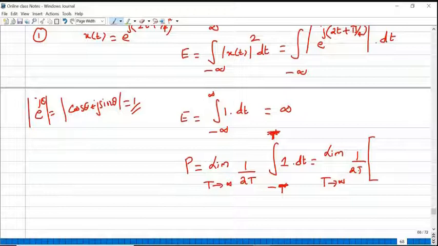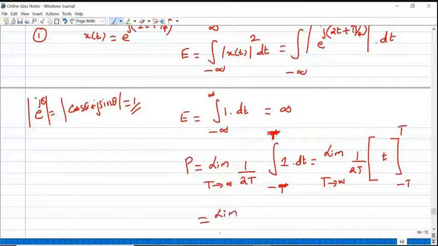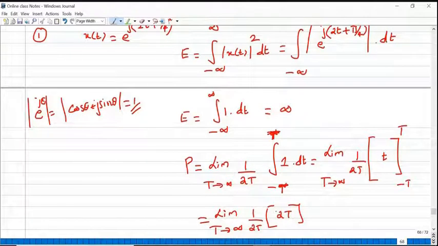Simplify this and check whether the T term cancels. You will get t from minus T to T, so T minus of minus T is 2T. Limit T tends to infinity of 1 by 2T times 2T. So the 2T will be cancelled, and there is no need to substitute T tends to infinity. So the power value is 1 watt.